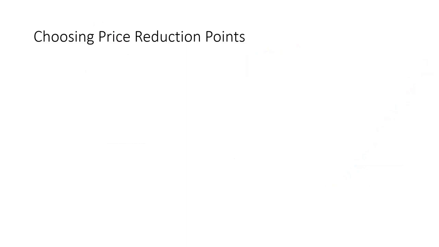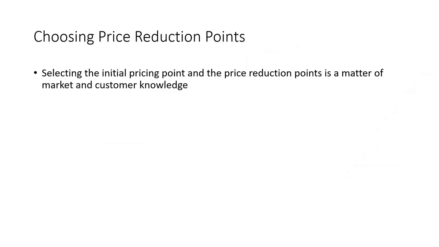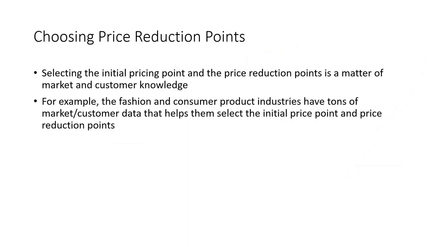Now, the next topic to consider is how do we choose the price reduction points? And this, of course, actually starts with what's the initial price for the product that we're going to use. And so basically, choosing the initial pricing point and the price reduction points is a matter of market and customer knowledge.